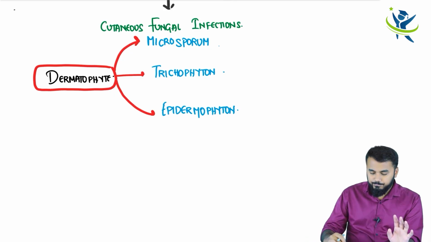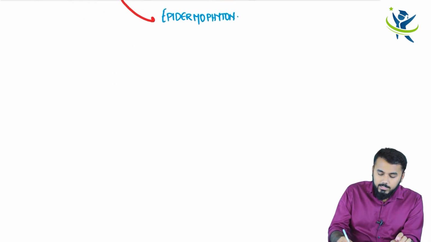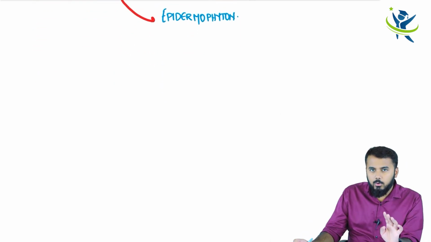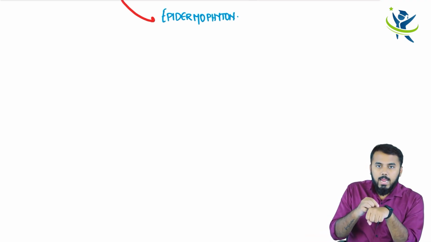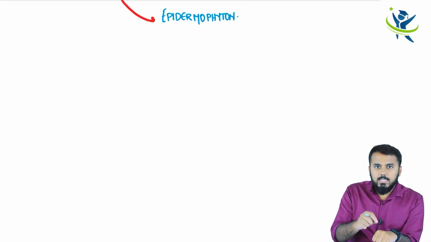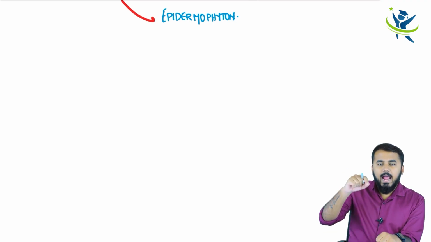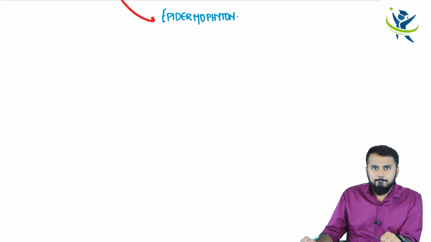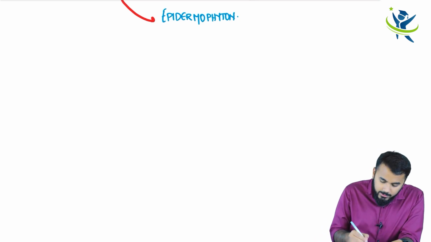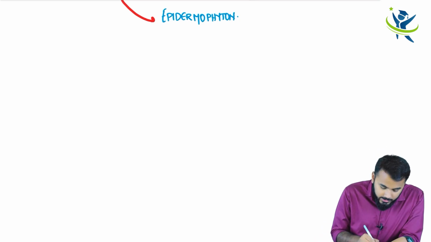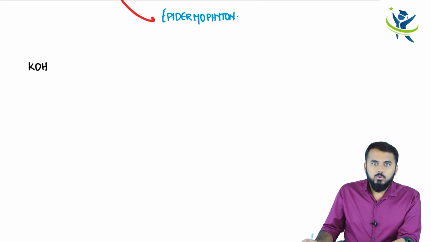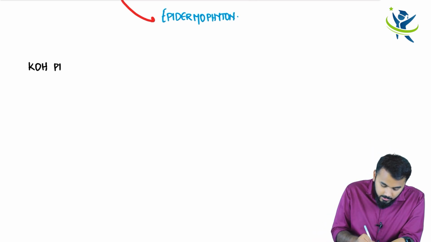To look at this fungi, you need to scrape the skin. After scraping, take that material, put it on a slide and add KOH to that. This is a particular test called the KOH preparation.